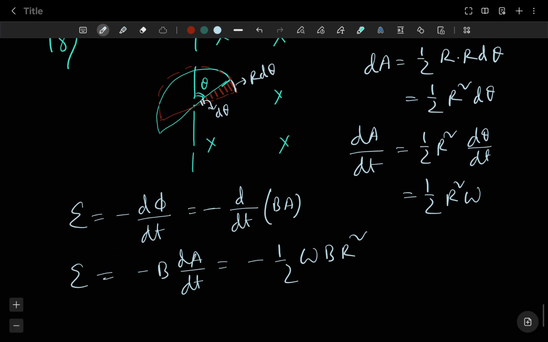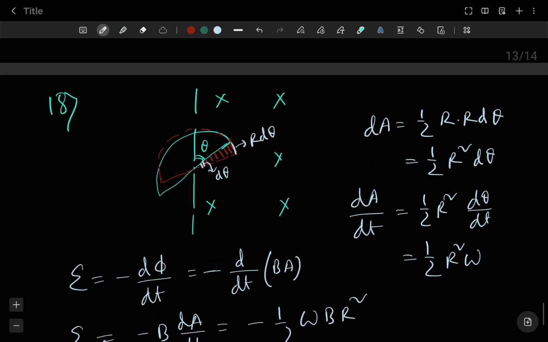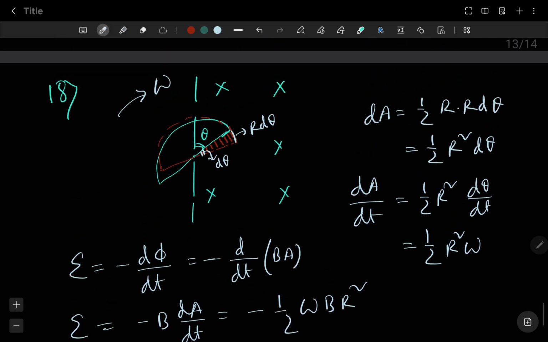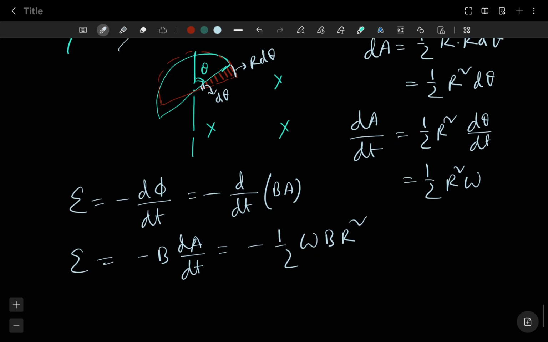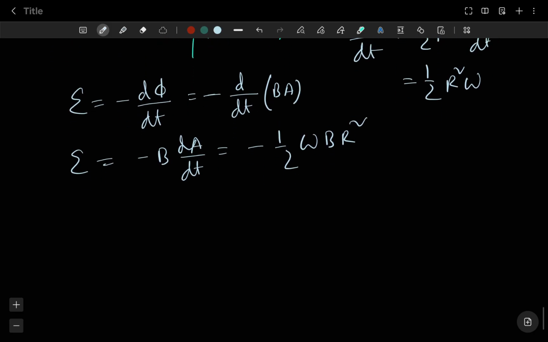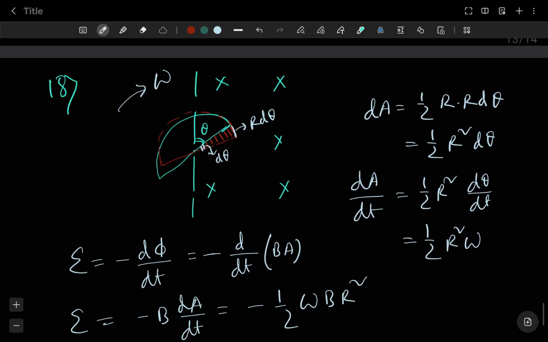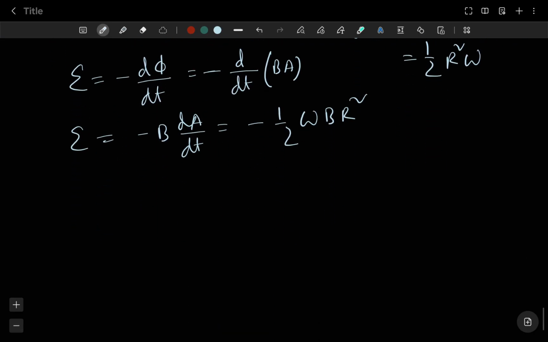Now if the ring is rotating with acceleration, I have done this problem with uniform angular velocity omega. Now if it is rotating with acceleration, what will it be? Suppose it is rotating with an angular acceleration alpha, then at time t, theta will become half alpha t square.